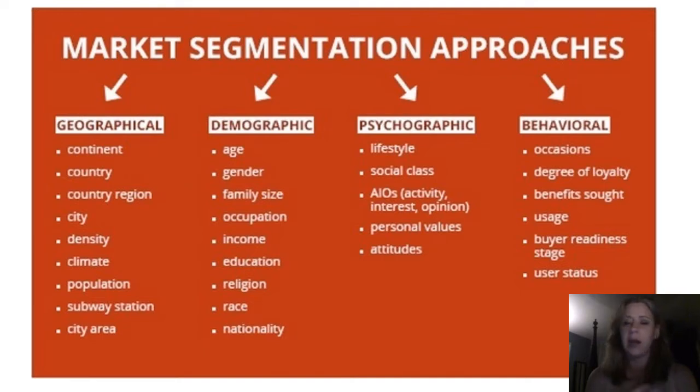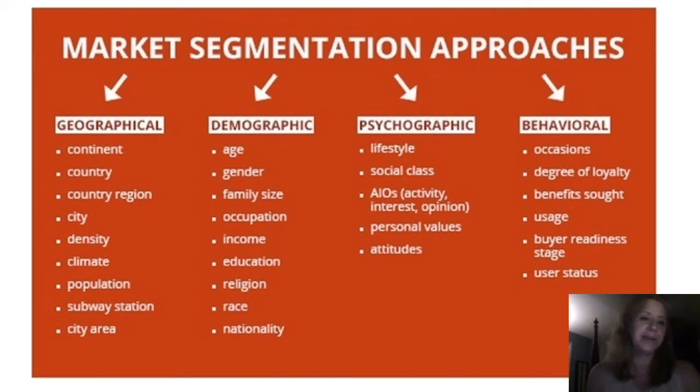Climate is also an important way of looking at things. A lot of products are sold according to the climate. You look at surfboards, for example. You want to sell surfboards where it's warm, and not only warm, but we could go back to the region where you're on the coastline. It's really nice and warm in Arizona, or Kansas, nice and warm, but not so much ocean waves in those states, right?